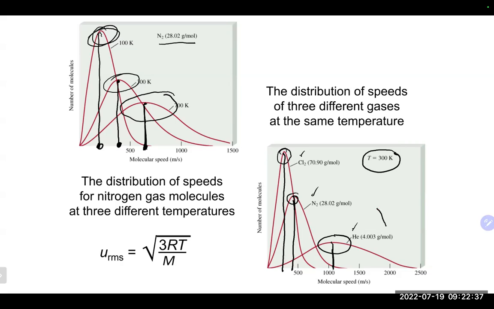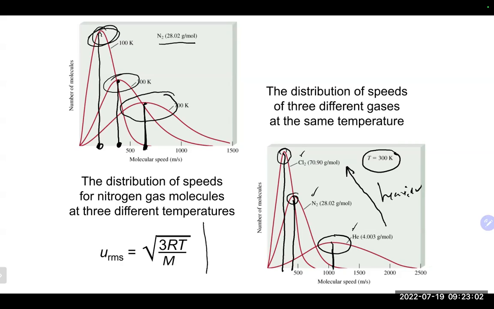The difference is that as we go this way, the gases get heavier. As the molar mass of the gas increases, they're not going to be able to fly around as fast, so they have a lower speed compared to the light helium, which has a much larger speed.